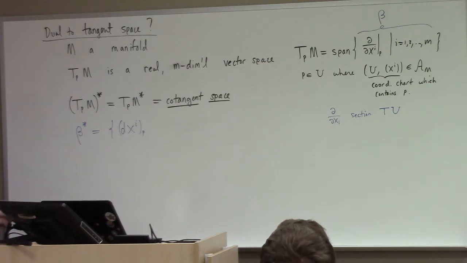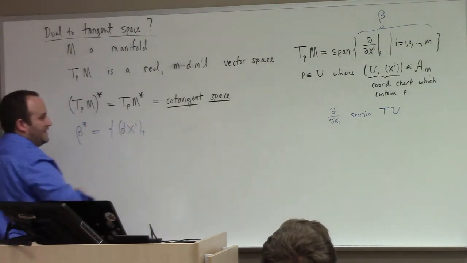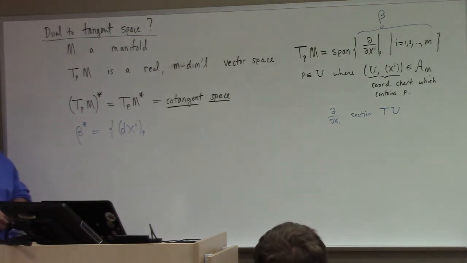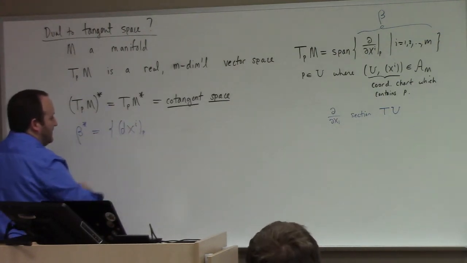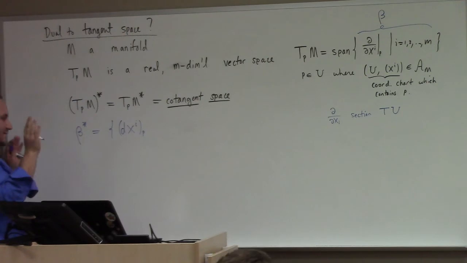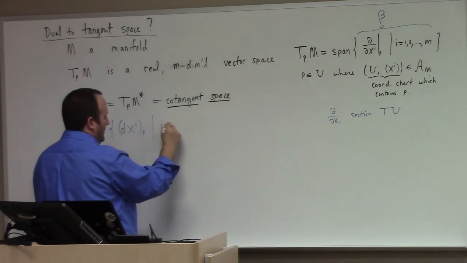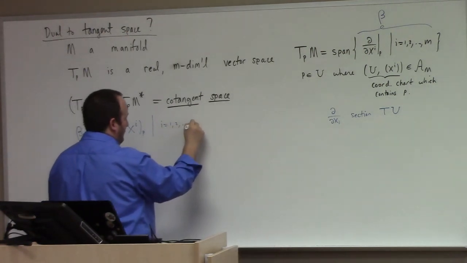In the same way, you could strip off the P here and think about dx^i as something we don't even have a name for yet. It wouldn't be a vector field. Maybe you call it a form field or a dual vector field. So the dual basis is dx^i, such that i equals 1 to m.